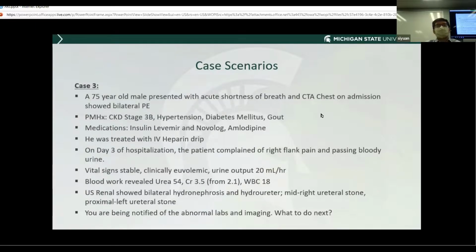And then you already know that there's obstruction there, right? So he has oliguric AKI, most likely because of that obstructive uropathy from the bilateral stones, and that's causing his AKI, right? Clinically he's not overloaded, and he's stable.